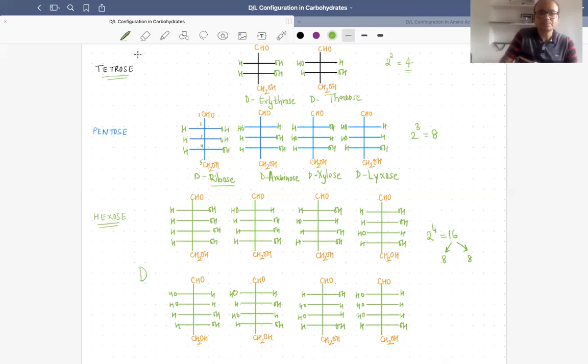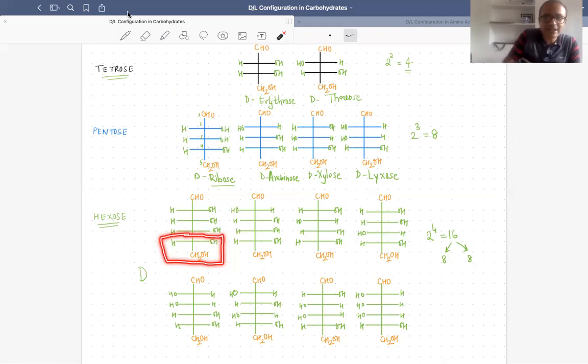Okay. So now we need to identify. What you see in all these cases, the part that decides the DL configuration is the highest numbered chiral center.